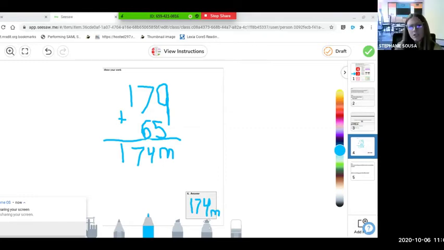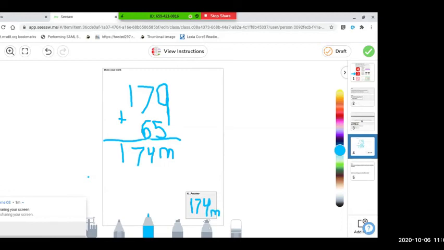So talk with me about why you added. Why did you add 65? Because the hole was far away, so he threw it 65 meters to the hole, and so I added that.